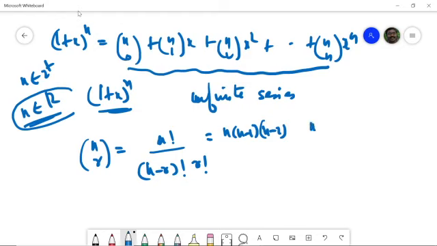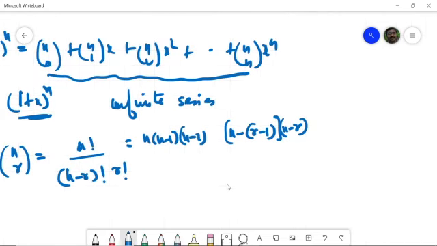It will reach a point where n minus r minus 1 is there, then n minus r. What will be the next term? It would be n minus r plus 1, and it will go till 1, which is obtained from n minus n.